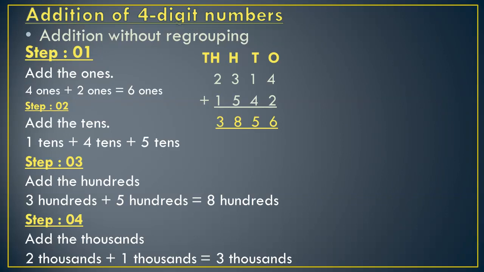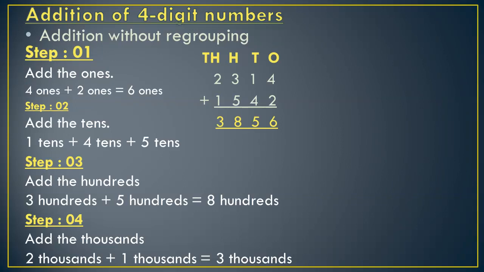So 4 plus 2 is 6. Step number 1 is add the ones. 4 ones plus 2 ones is equal to 6 ones. Then move to next. Step number 2 is add the tens. 1 ten plus 4 tens is equal to 5 tens.